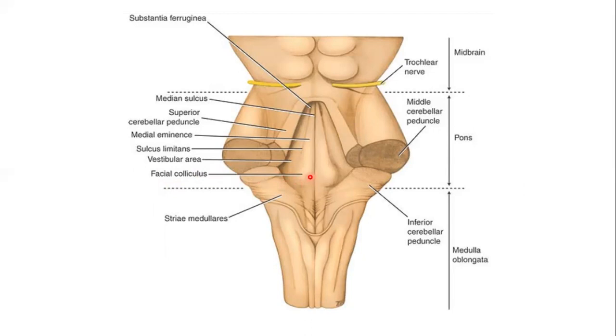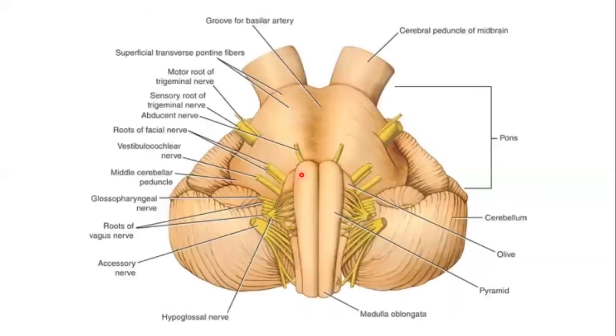One section is made at this level, with the abducens, facial, and vestibulocochlear nuclei, and the other, upper section is made at the level of the trigeminal nucleus.